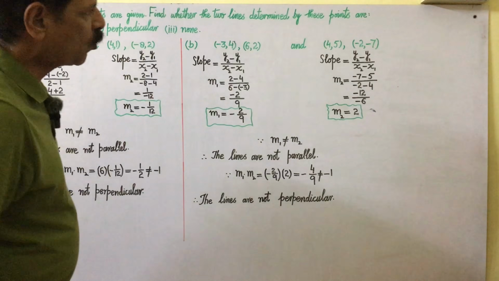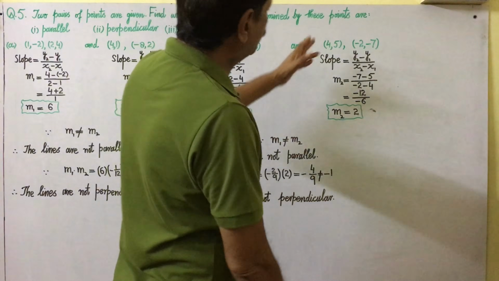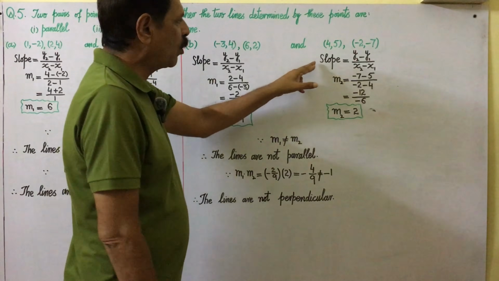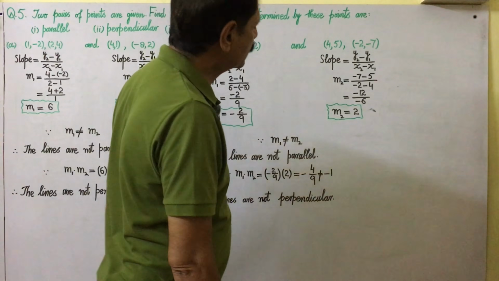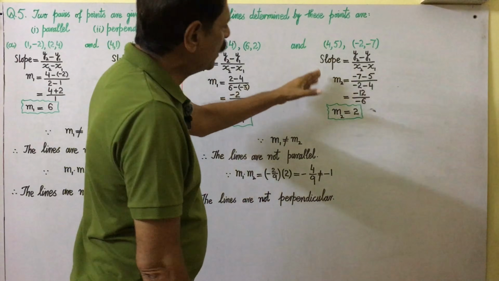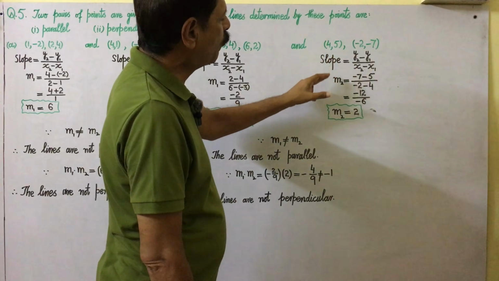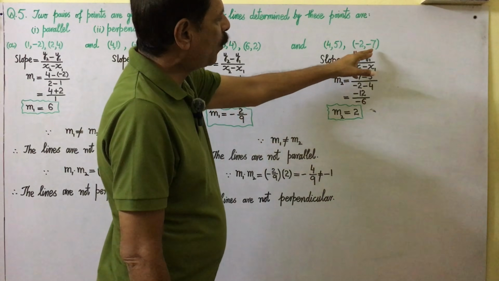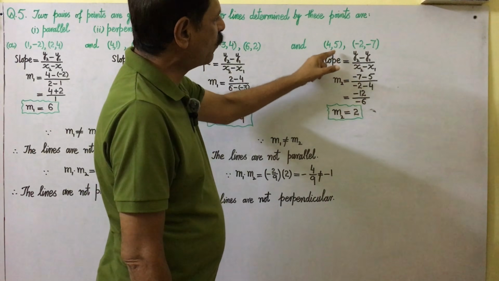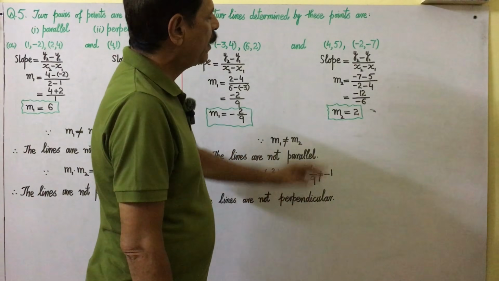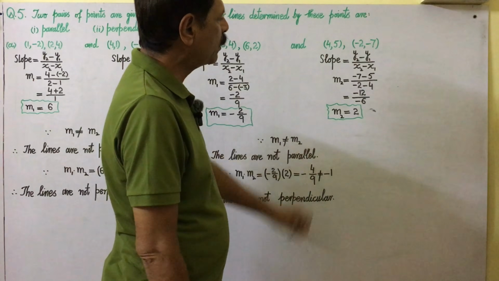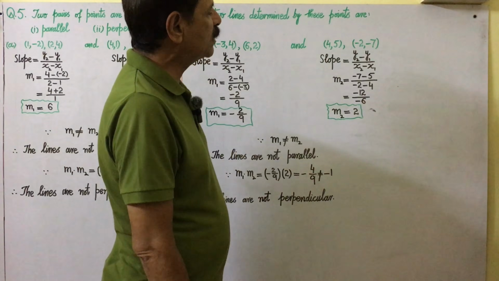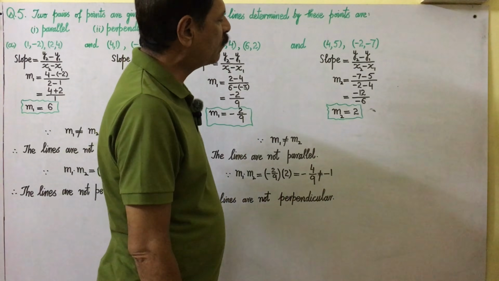Let us find the slope of the second pair of points. Formula for slope y2 minus y1 over x2 minus x1. Let slope of this pair of points be m2. y2 minus 7 minus y1 minus 5. x2 minus 2 minus x1, which is 4. Minus 7 minus 5 is minus 12.